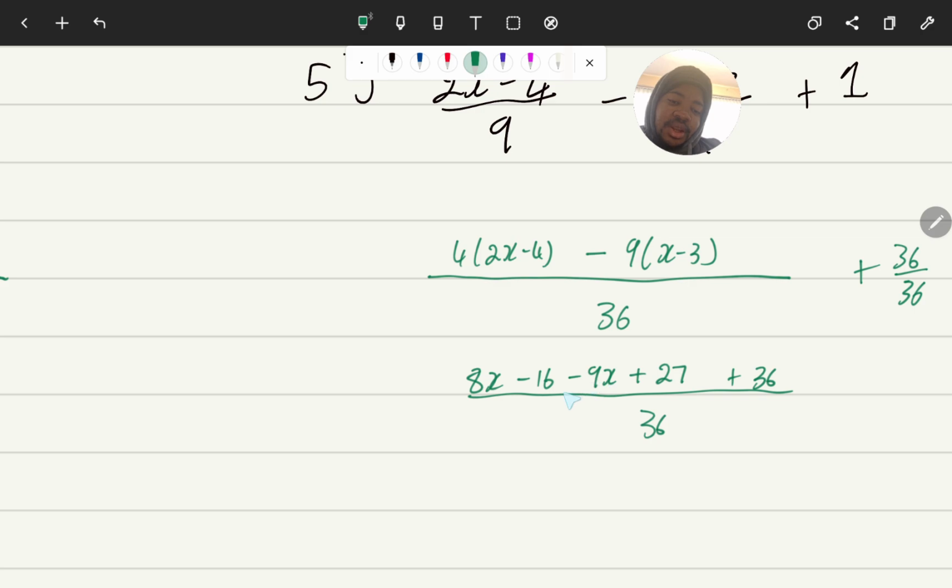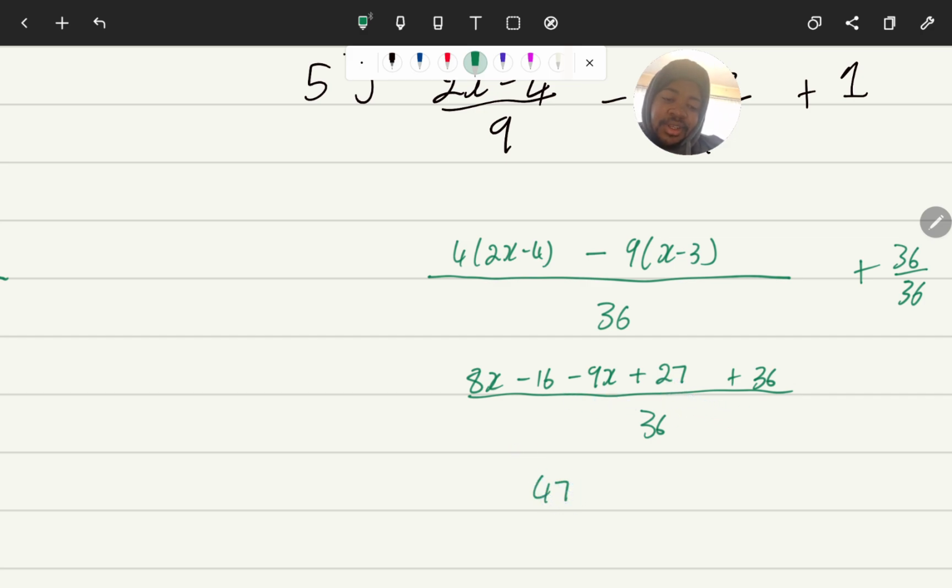So I'm going to start with the numbers because I think the numbers are positive. So here, if I say 36 minus 16, the answer is 20. Then I add this one over there, 20 plus 27, 47.